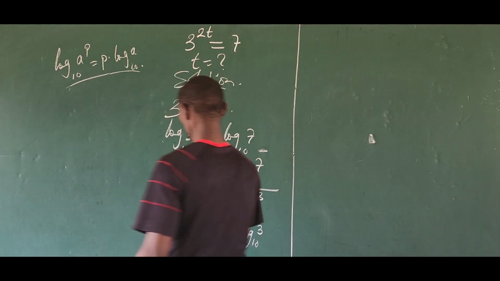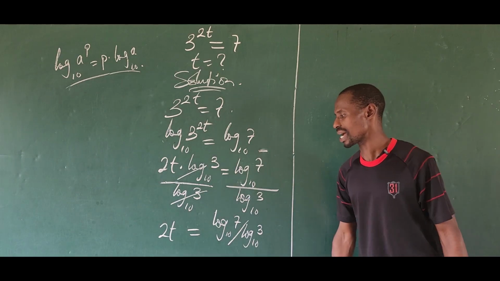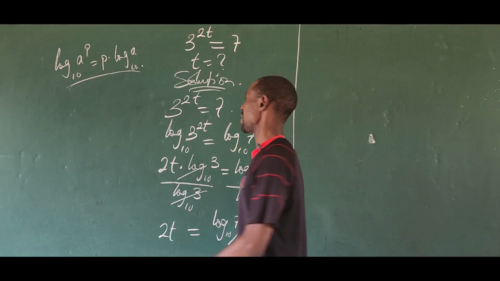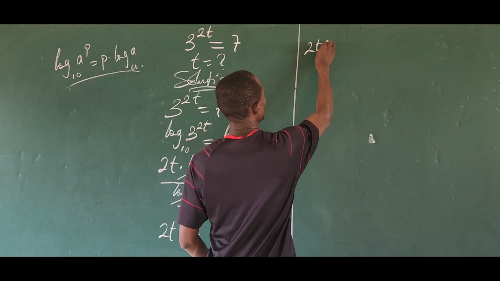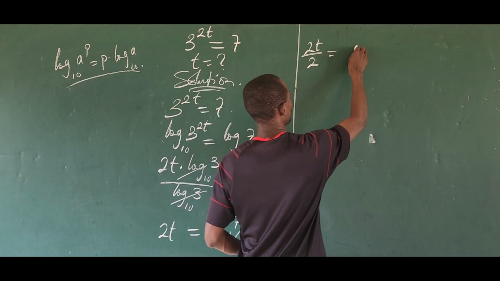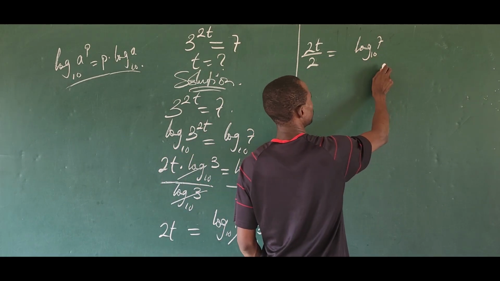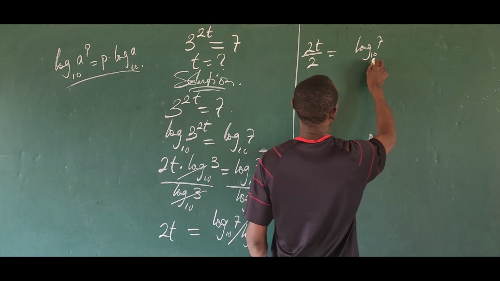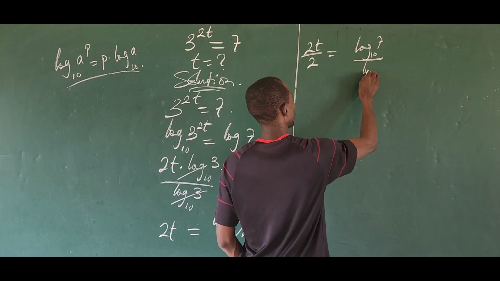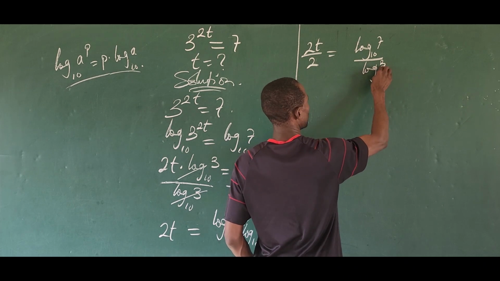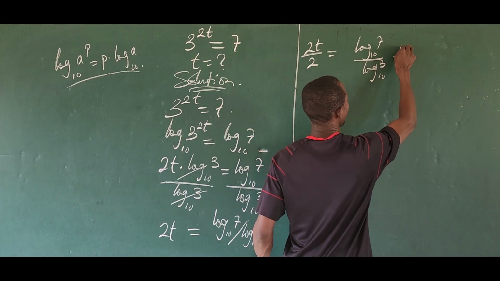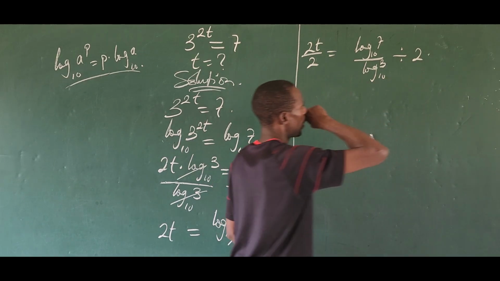We are still having 2 attached to our t, so we divide through by 2 again. So we have 2t all over 2 equal to log 7 base 10 all over log 3 base 10, divided by 2.